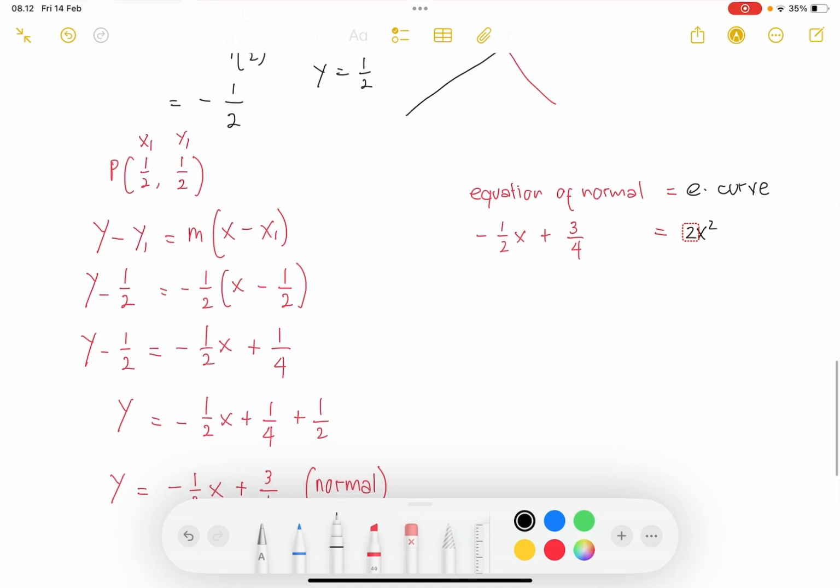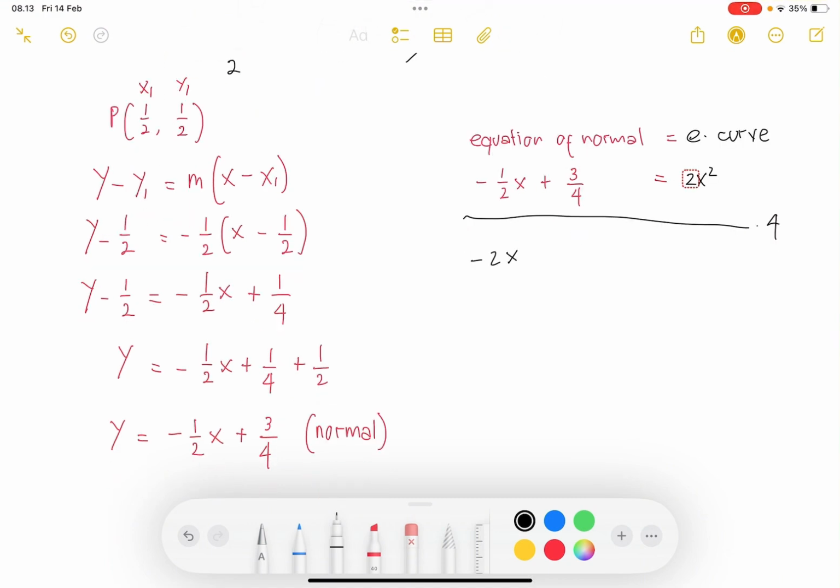Because this is still in the form of fractions, it will be easier for us to multiply by 4, the greatest denominator. 3 over 4 becomes 3, and we get 8x squared.